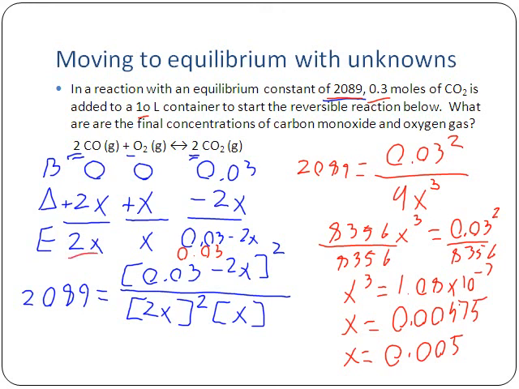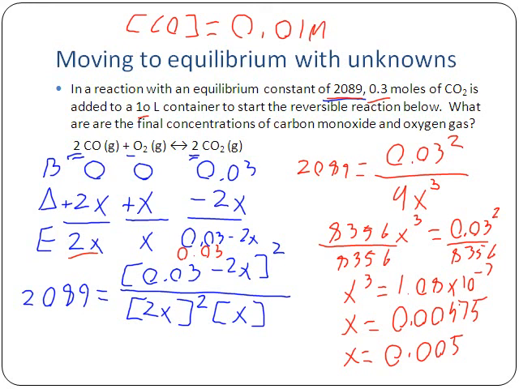For the carbon monoxide, it's 2x, so the concentration is going to be equal to 2 times this value. That would actually be 0.0095, which, since it's one significant figure, would be 0.01 molar.